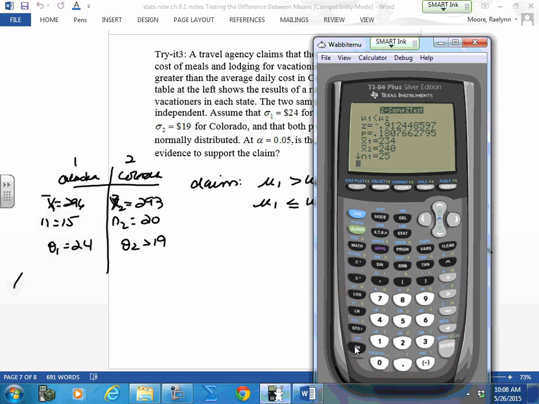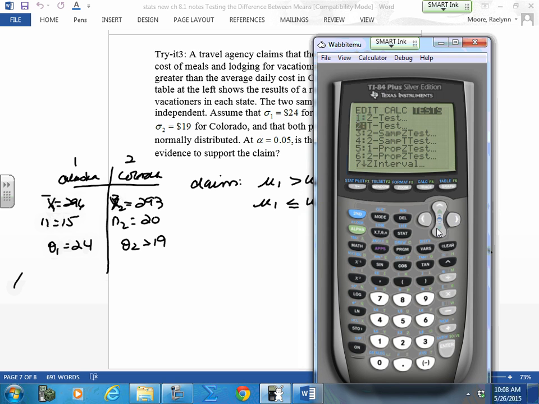Go to your test again. 2 sample z-tests. Guys, they moved these around, so be careful. They switched them around on you. And now you've got 296. Okay, your tail also is reversed in this. You're now looking at a greater than. Just change your tail and calculate.